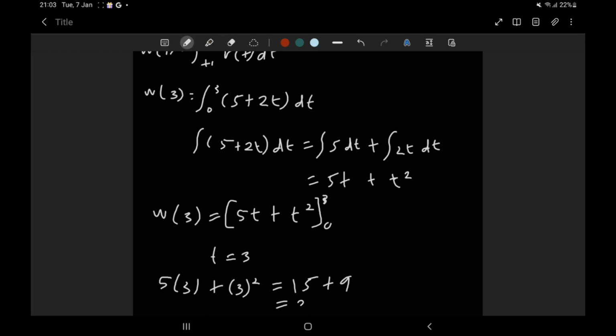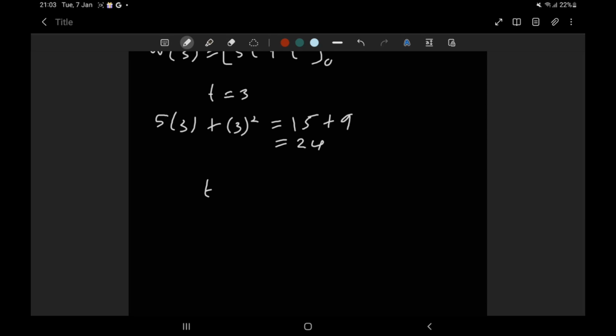Now substitute t equals 0, and it becomes 5 multiplied by 0 plus 0 to the power of 2, and the answer is 0.